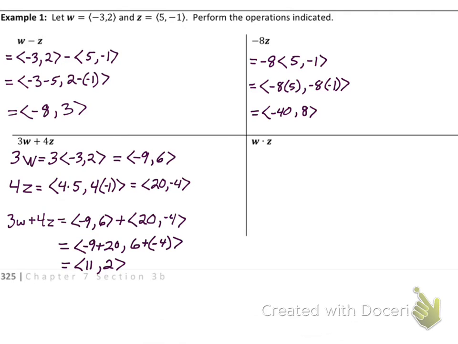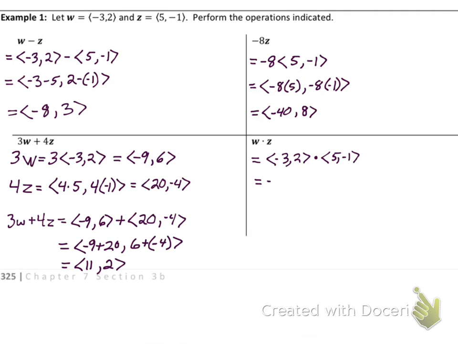All right, the last one is dot product. This is the weird one. This is the one that's not going to end up in a vector. So this is going to equal our W, which is negative 3, 2, times, or the dot product, with 5, negative 1.